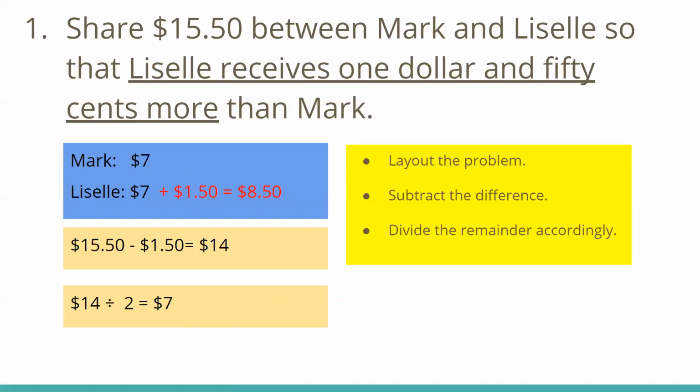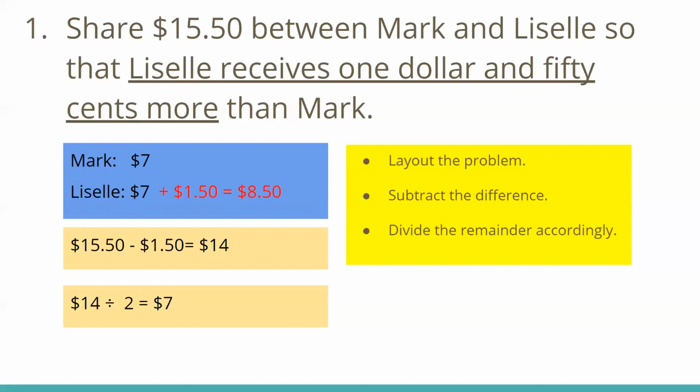Look at our number sentences. We substituted or replaced the X with $7. Therefore, Mark has $7 while Lisselle has $8.50.